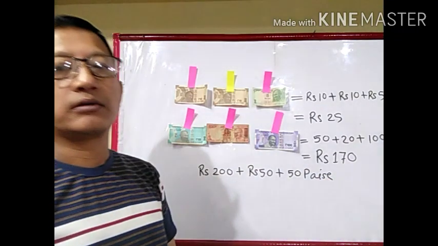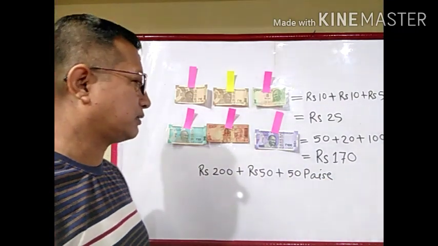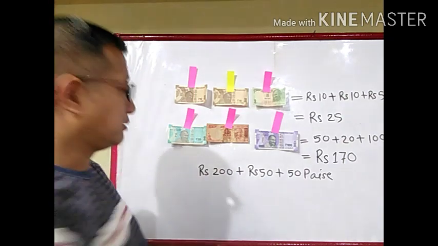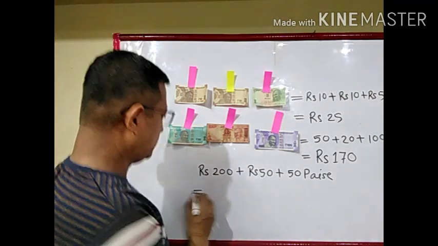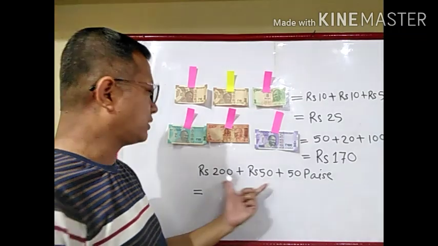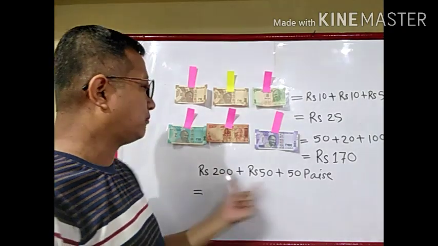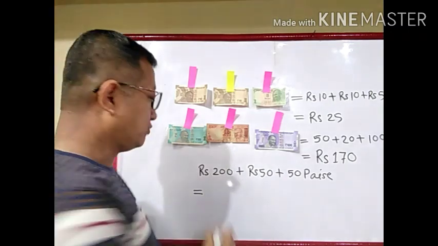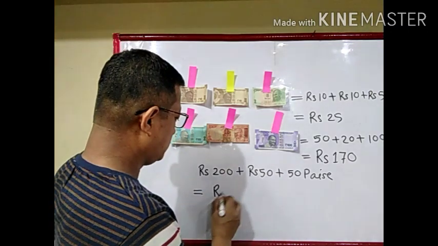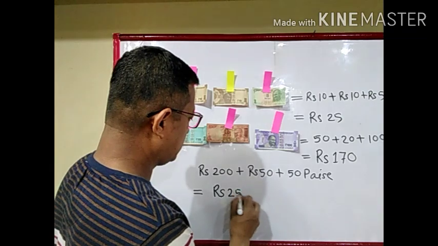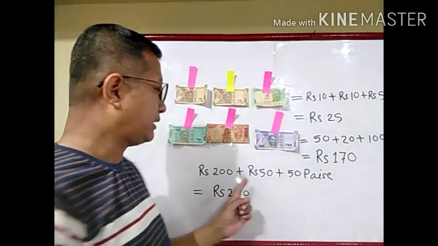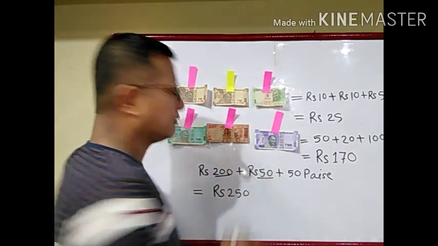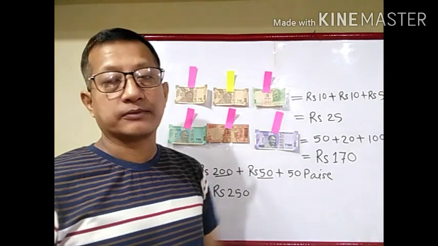How can you add this? How can you write this? For this, you have to write this way. This equals rupees, this one you add first. So 200 plus rupees 50, rupees 250. Just add these two. Now this pies one.